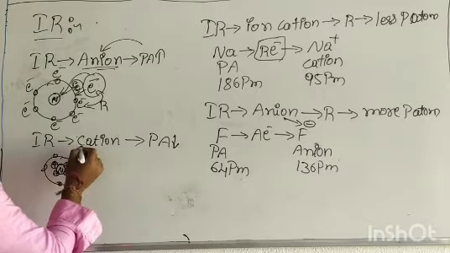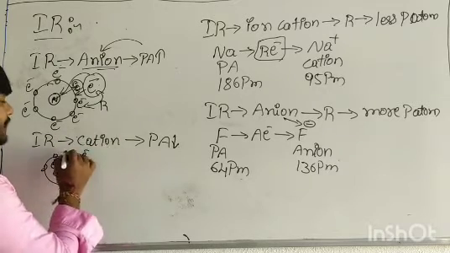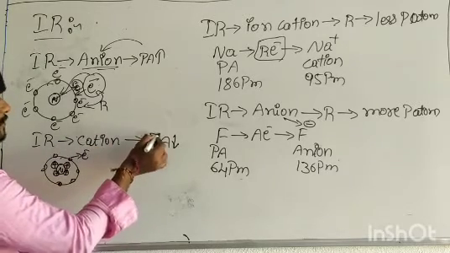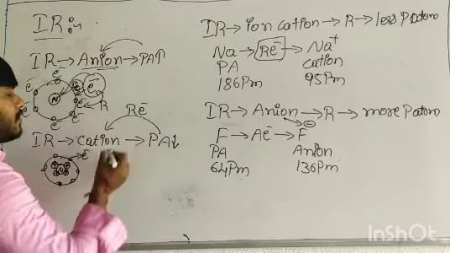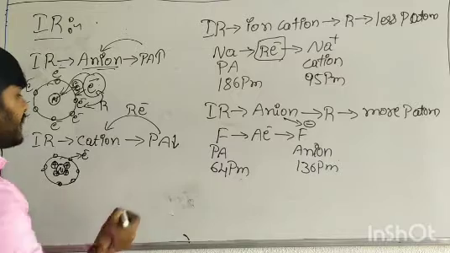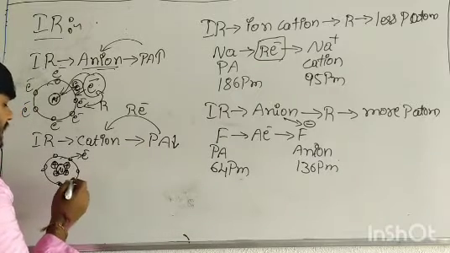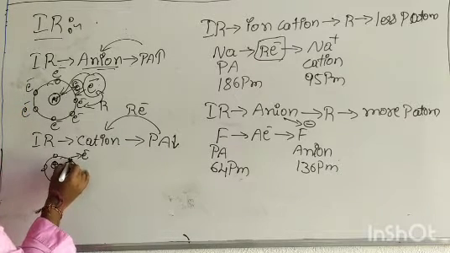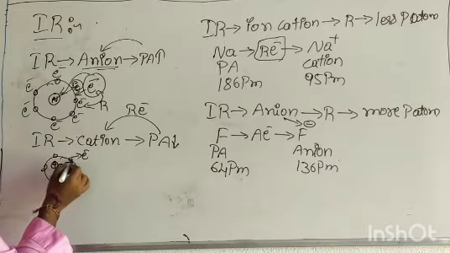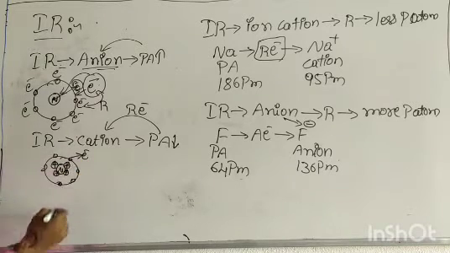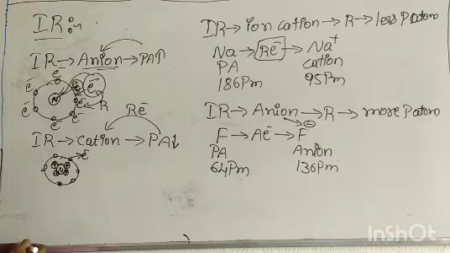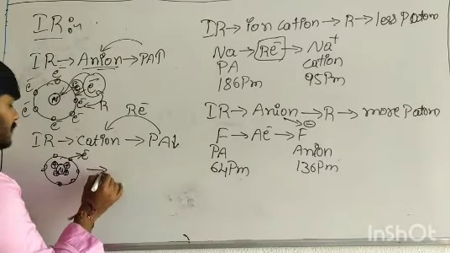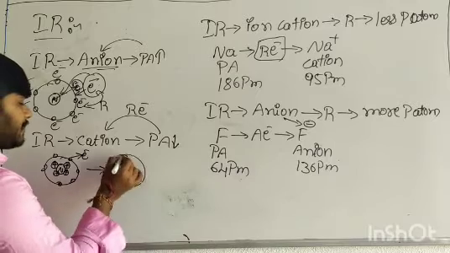You are converting a neutral atom, that means your parent atom, to a cation, which means you have to remove an electron from the parent atom. For example, this electron present in the parent atom is removed, which means there is a loss of one electron from the atom.